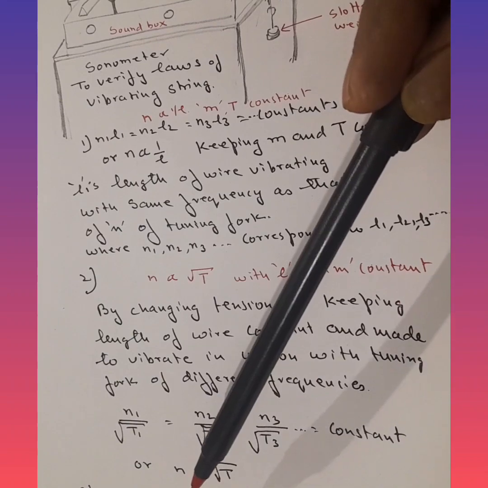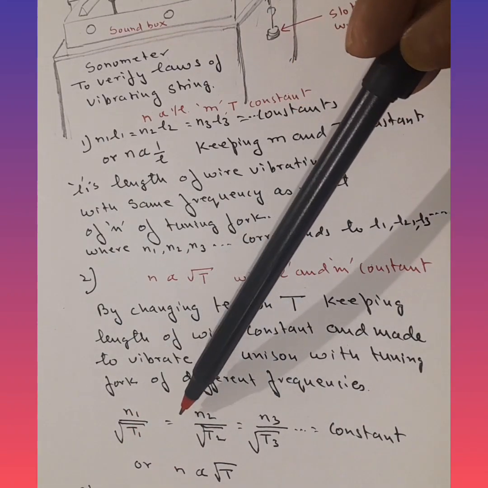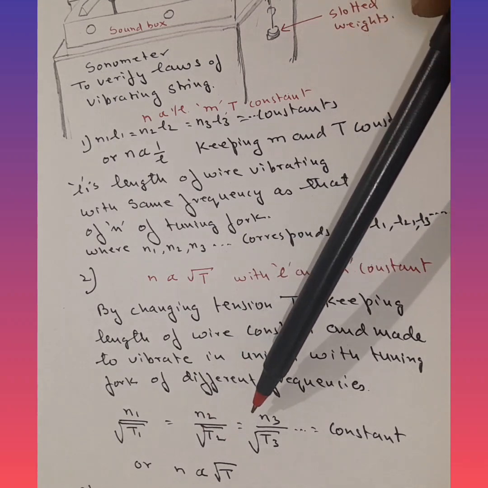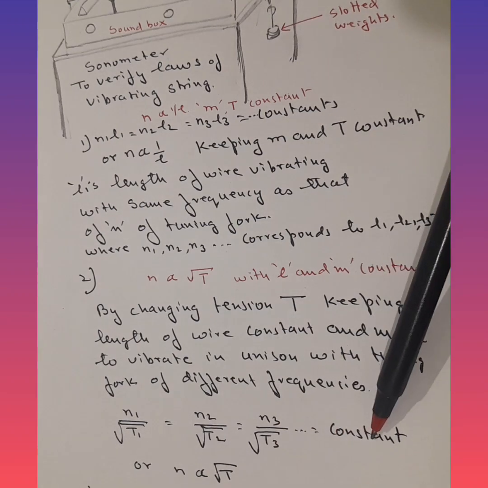So what we found is N1 upon root T1 is equal to N2 upon root T2 is equal to N3 upon root T3 is equal to a constant.